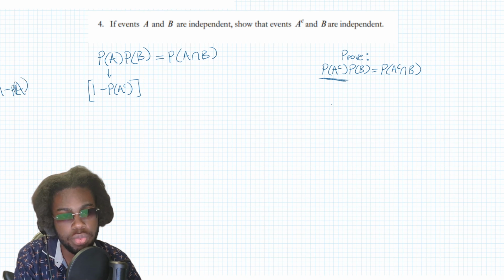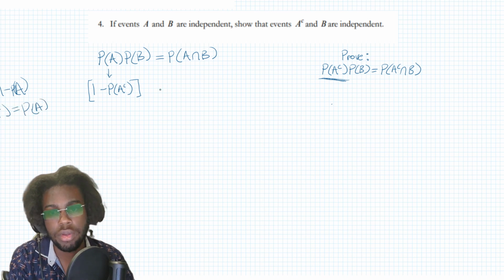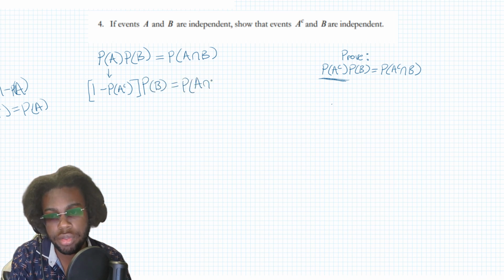Moving this across, we can inversely see that 1 minus the probability of A complement also does give us the probability of A. Perfect. All multiplied by the probability of B is equal to the probability of A intersect B.